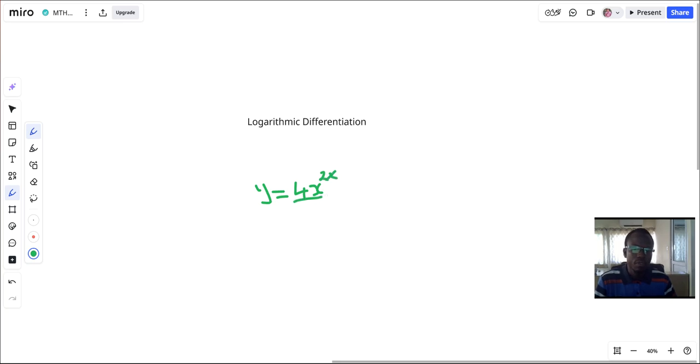Now this is a function. If you look at this, you can use the chain rule, because this is a function inside another function. You can use the chain rule, but there are some settings.